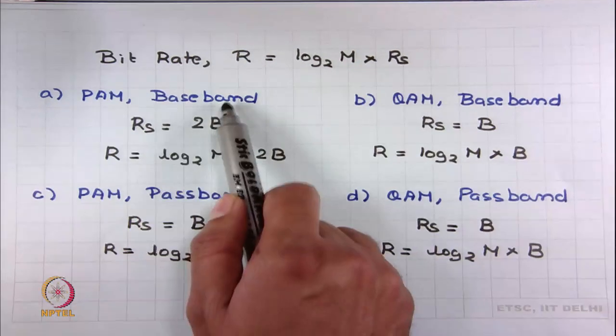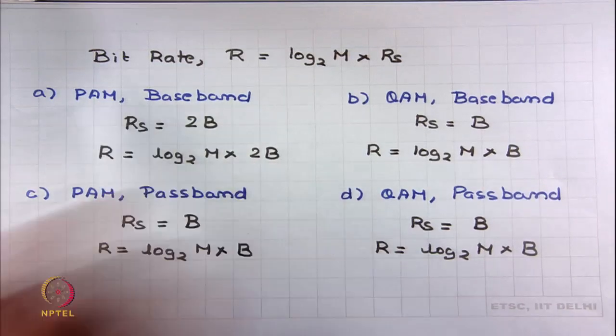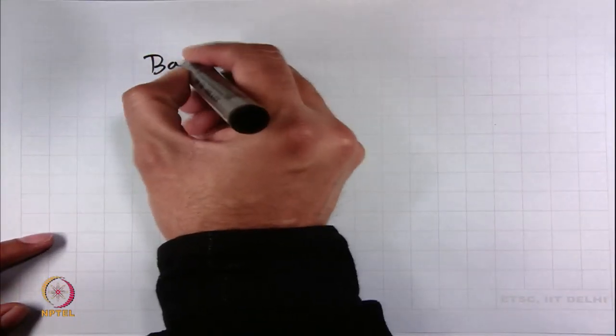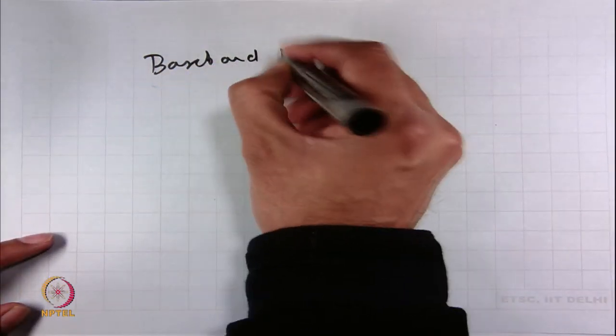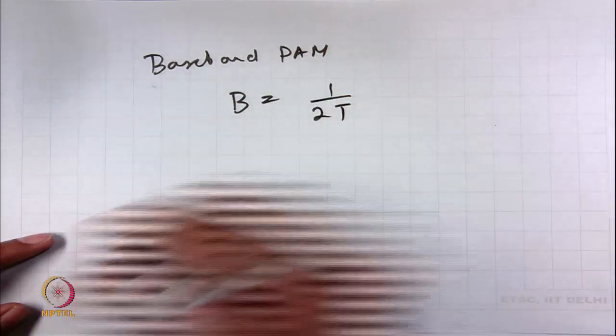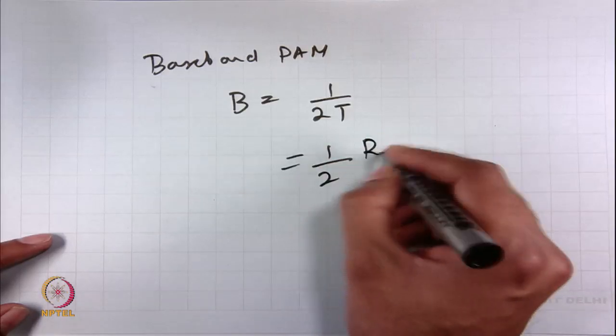What is the symbol rate for baseband PAM? We have seen that in baseband PAM, B is 1 by 2T, and this is 1 by 2 Rs.